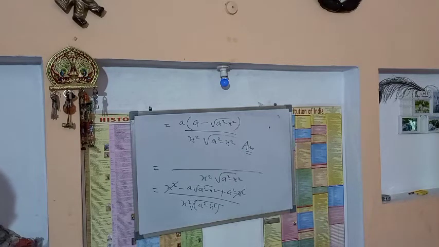So a in bracket a minus under root a square minus x square whole upon x square into under root a square minus x square. So it was question number 14.